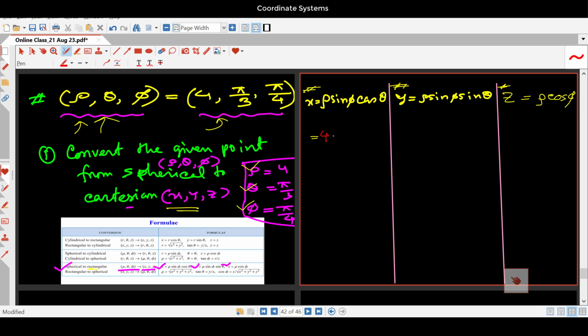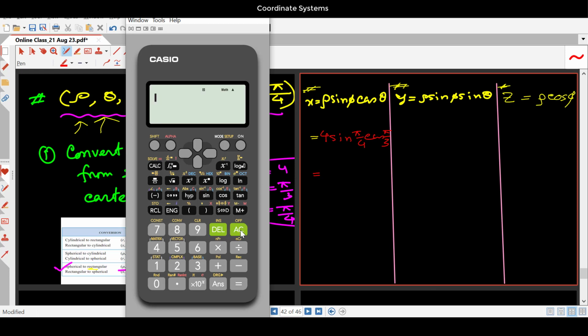So rho sine phi, phi is pi over 4, cosine theta, theta is pi over 3. We can directly get the result using our calculator.